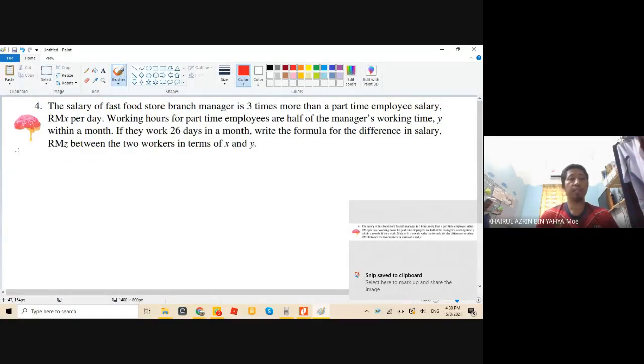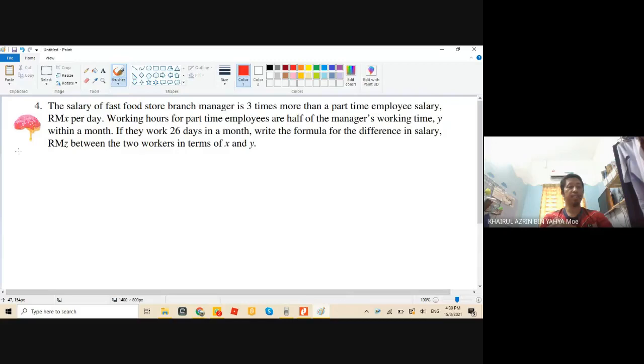This question number 4 is quite difficult to understand at first. We try to get the info first. The salary of a fast food store branch manager is 3 times more than a part-time employee's salary. So we have a manager, and then we have a part-time employee. Maybe I put here manager and employee only.